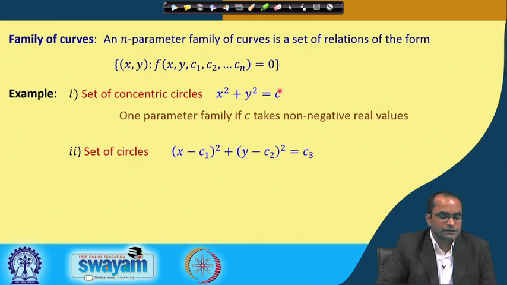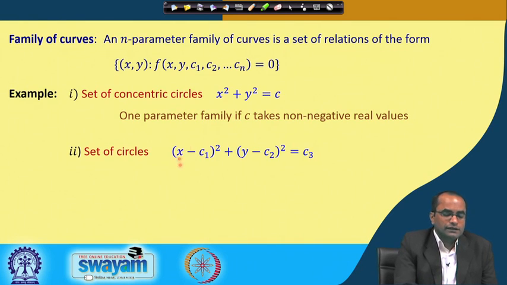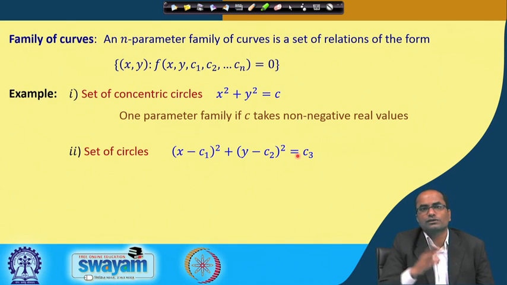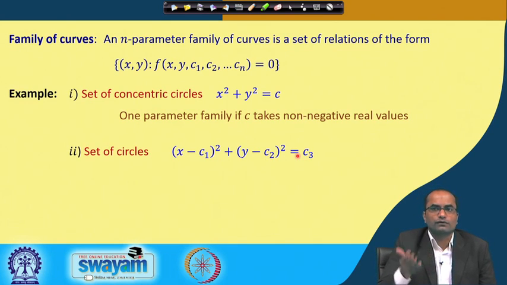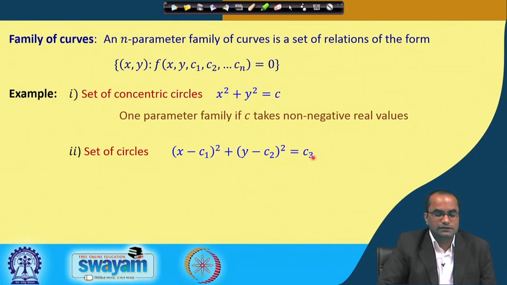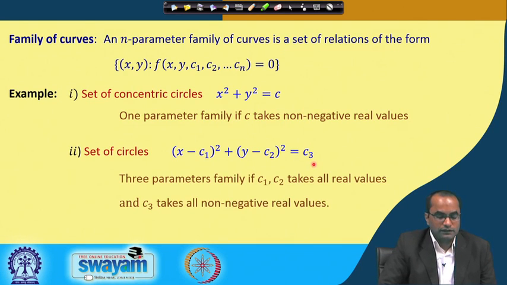Again, if we take the set of all circles, now we are varying the center as well as the radius. We can choose c 1 and c 2 as any real numbers, and c 3 as a non-negative real number.